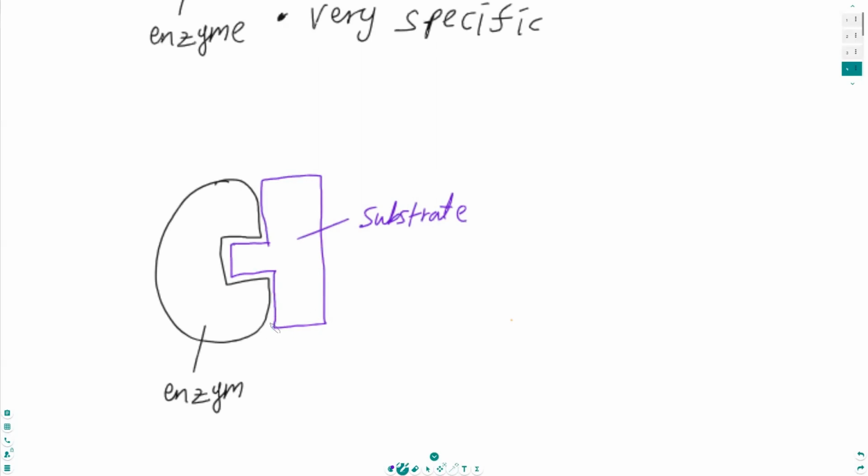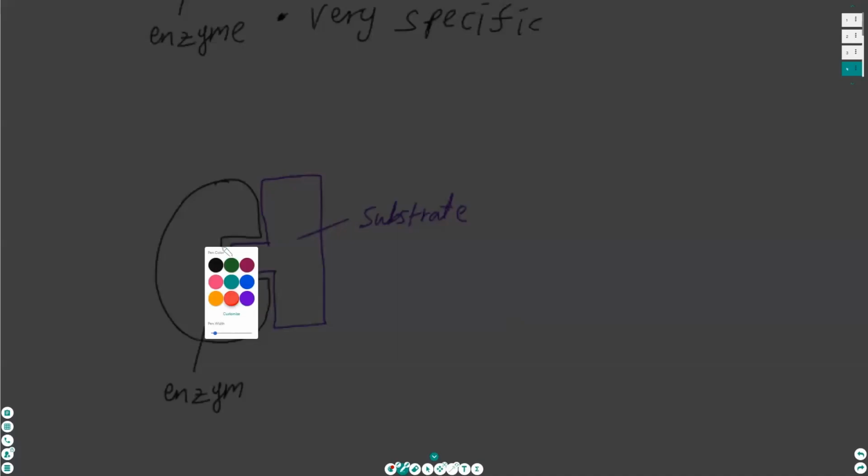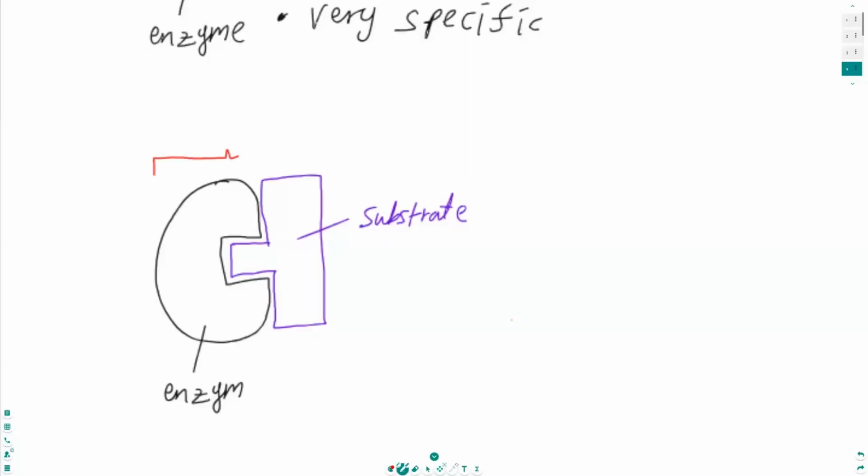And this is what we call an enzyme substrate complex, or an ESC. So an enzyme substrate complex is formed when an enzyme joins or binds with a substrate at the active site.